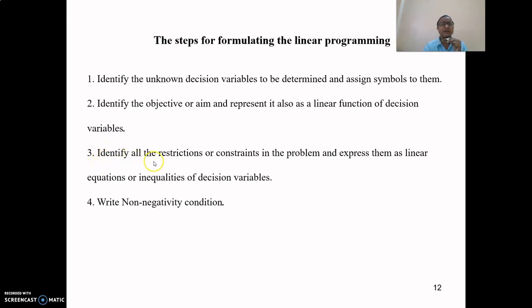Then identify all the constraints and restrictions in the problem and express them as linear inequalities or equalities of the decision variables.